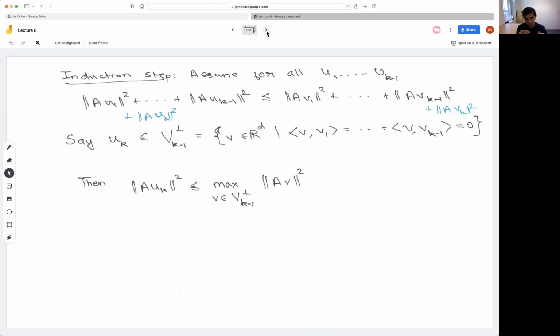Here I'm writing something orthogonal to k minus 1 things as a subspace. Let's assume that Uk is orthogonal to the first k minus 1 of the singular vectors. Then I claim that the computation is easy, or we're kind of done.